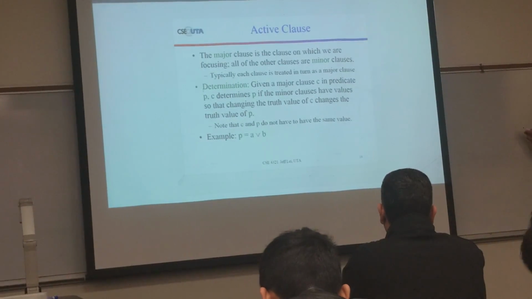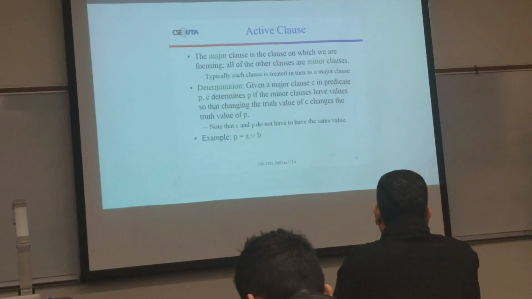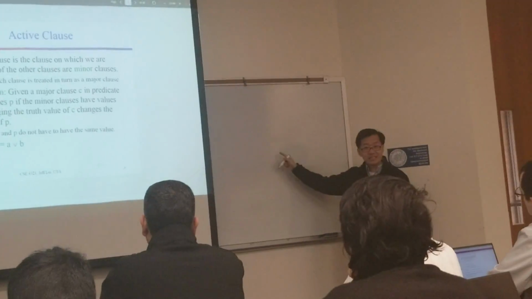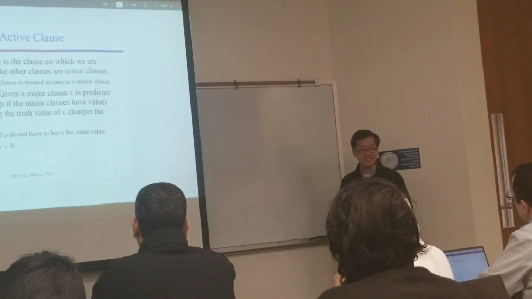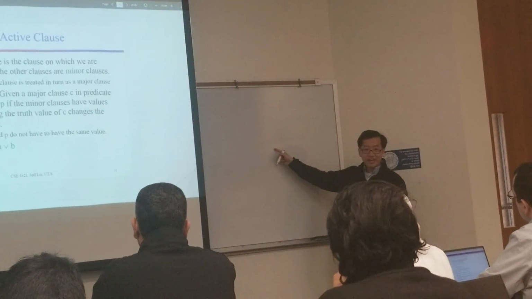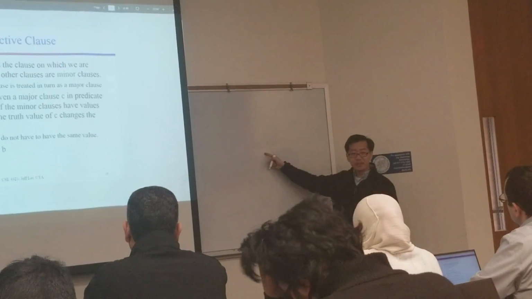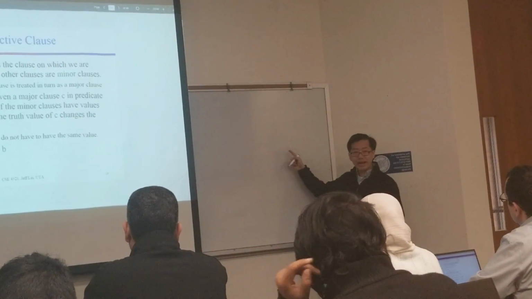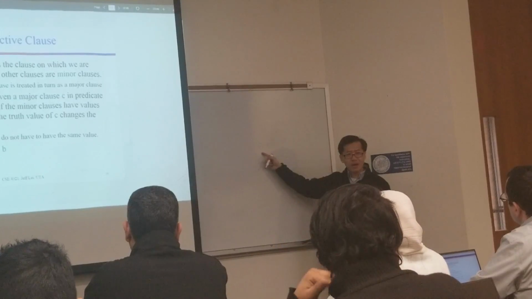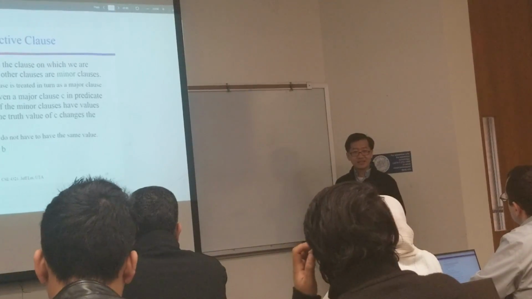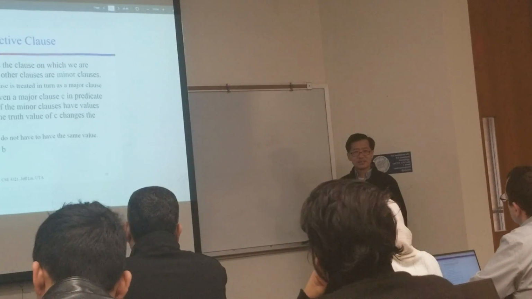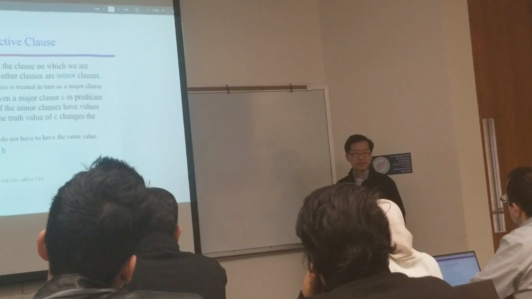Because if you change the value of A, you are not going to affect the value of the predicate. And this is not good for testing, because if you flip this value and it does not change the value of the predicate, then if something goes wrong inside A, you're not going to detect it. You will not see the difference.